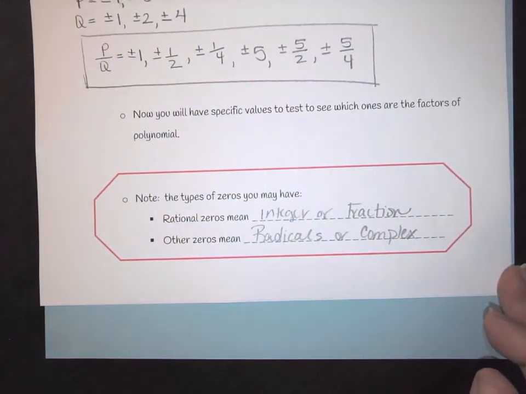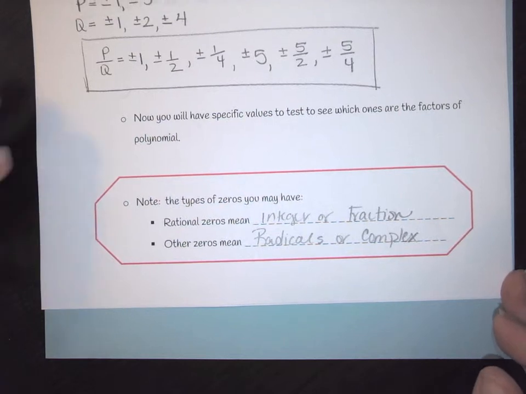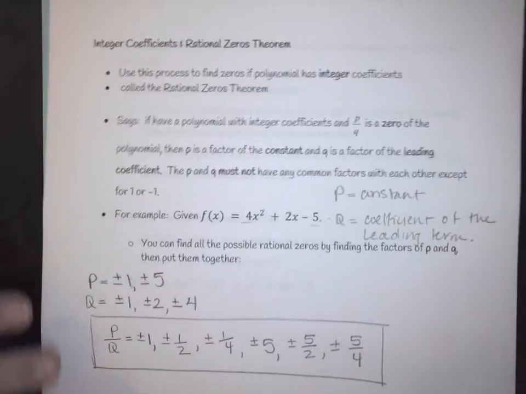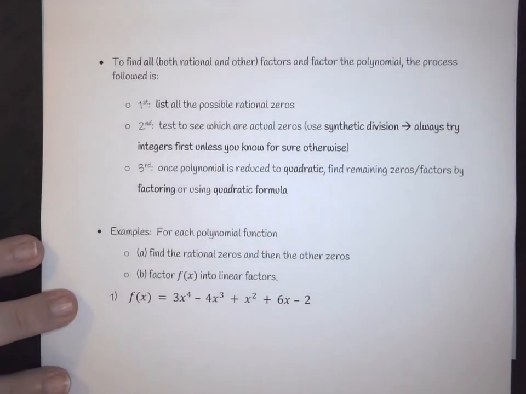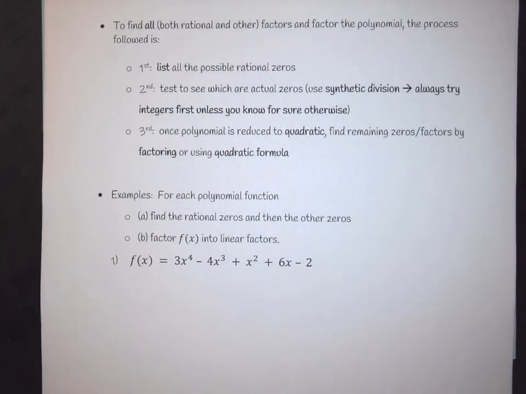So you have to pay very close attention to the type of zeros that you are being asked to find. So let's take a look here. To find both your rational and your others, you need to follow this process.